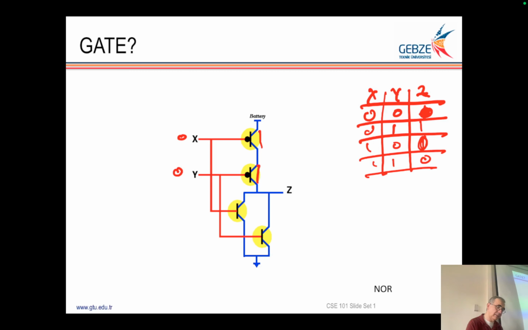Yeah. This is 1. Otherwise 0. If both of them are 0, this is connected, so it is 5 volts. If any of them is 1, it is disconnected. Therefore, if any of them is 1, output is 0. This is what NOR gate is.